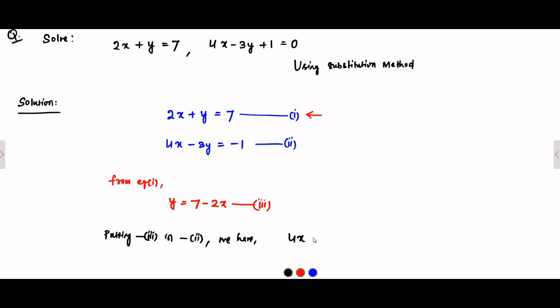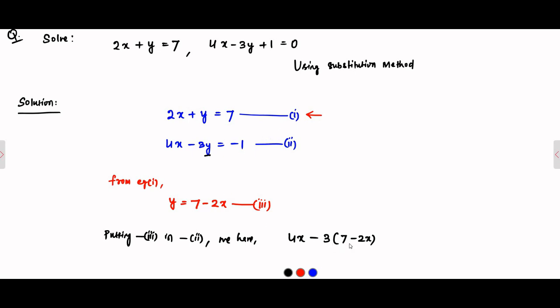4x minus 3 into (7 minus 2x) is equal to minus 1. What we have done, we have expressed y in terms of x, then we substituted that value in the other equation. Here in place of y, we have put 7 minus 2x, which we got from equation 1.